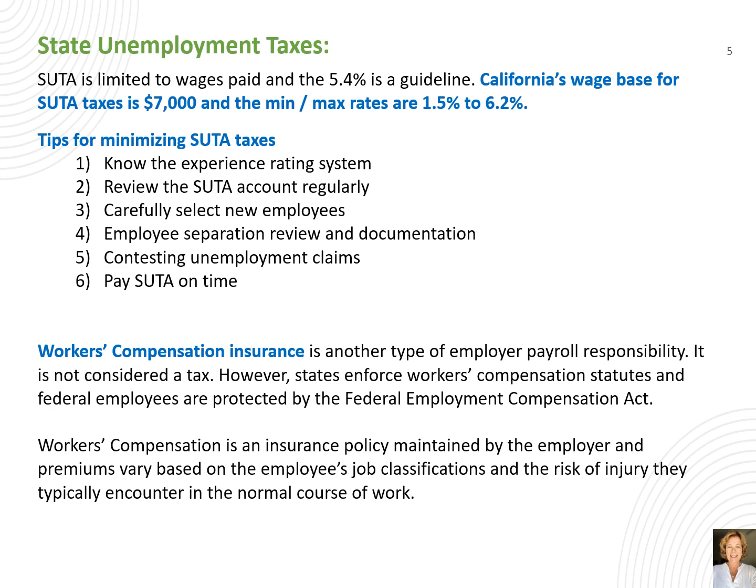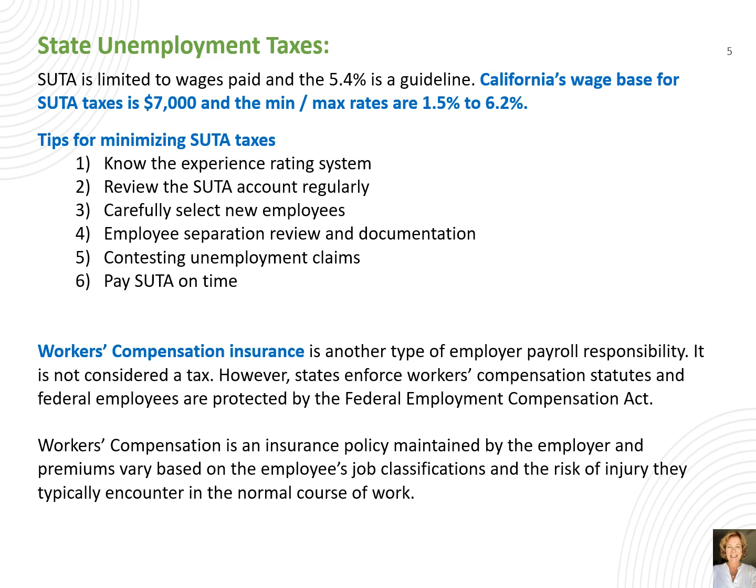So, for example, a construction company may experience higher unemployment claims because of the seasonal nature and higher risks associated with the industry. Therefore, the company's rate may be 4.54%, whereas a similar sized company in a professional services industry may have an unemployment rate of 3.28%.